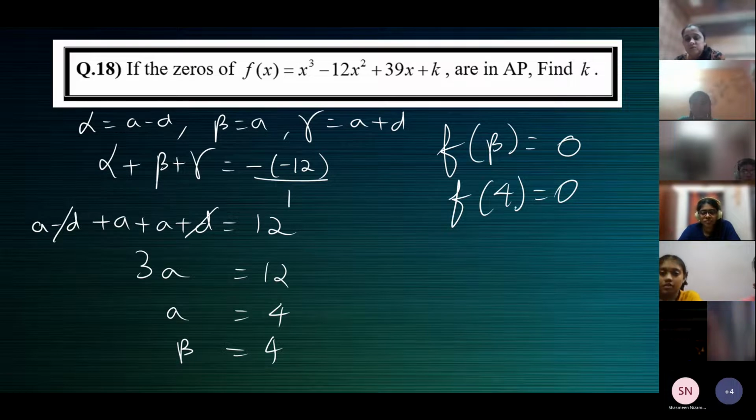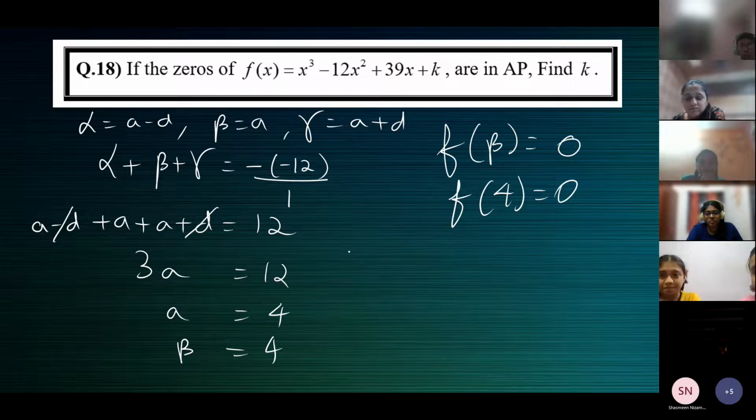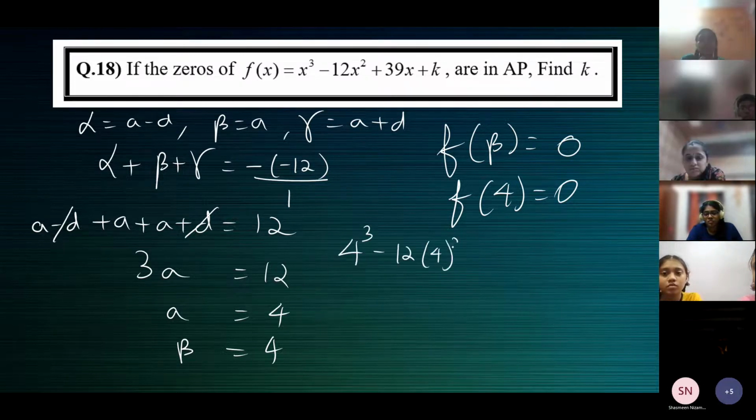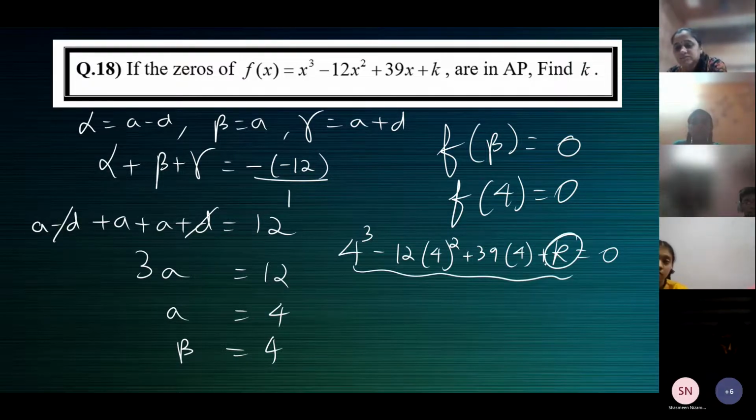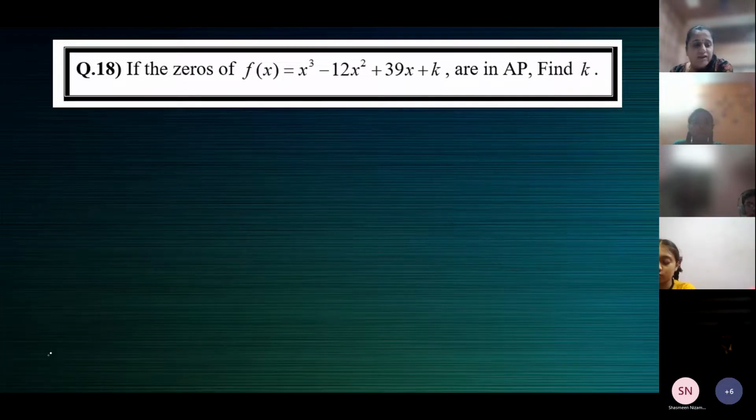How do you work f of 4? 4 cube minus 12 into 4 square plus 39 into 4 plus k is equal to 0. So don't you think when you work this, you can find the value of k? Yes, so simply work that and find the value of k.